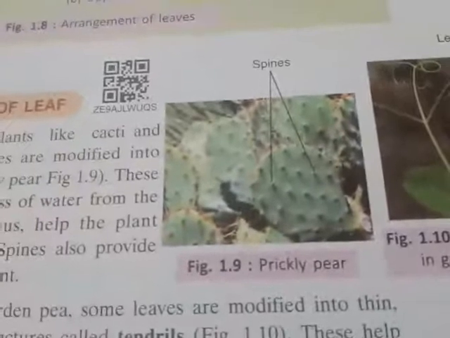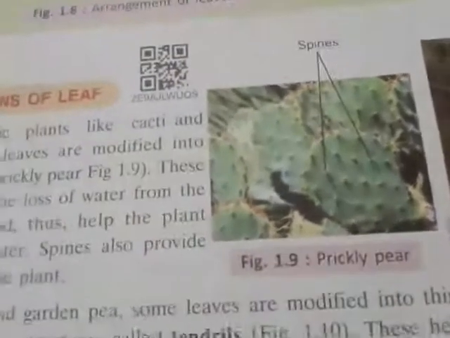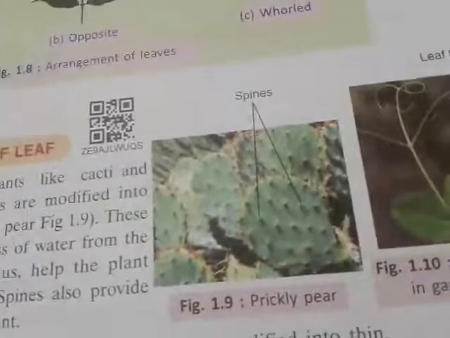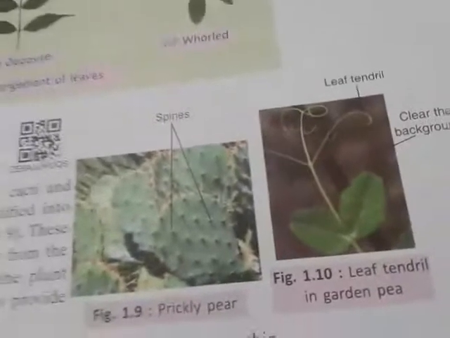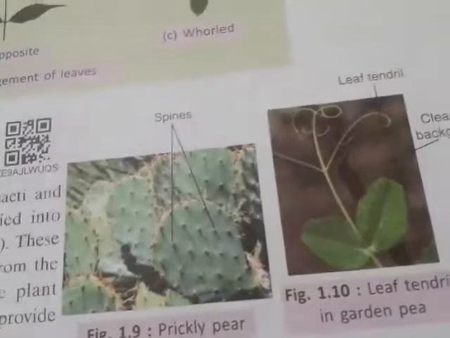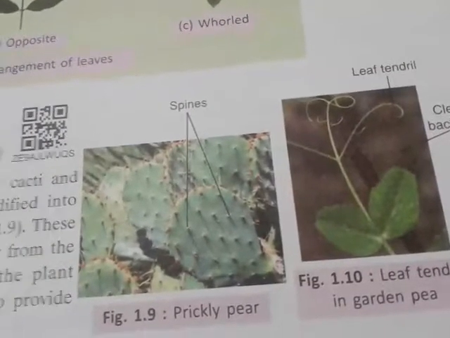So modification of the leaf is required for protection as well as preservation of food and water, like in cactus xerophytic plants, which have spine-like structures. And tendril is another modification of the leaf, that is, whenever the leaves are modified into coiled or thread-like structures, they are called tendrils.